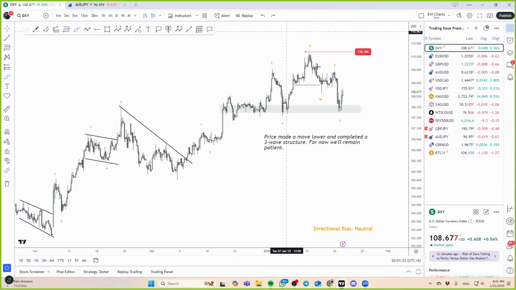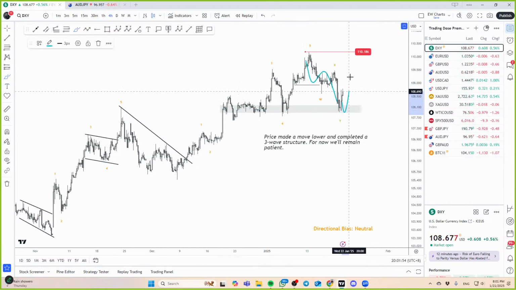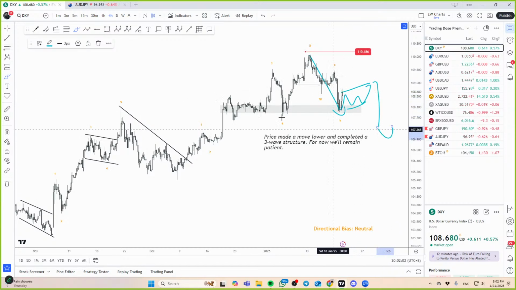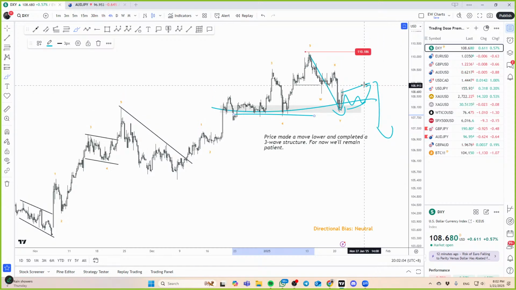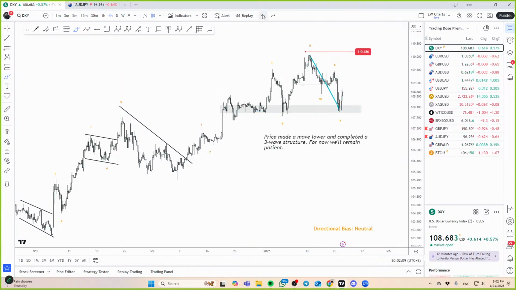Whether this is all it is and we're going to see more upside for the dollar, or this is just the start of the first wave, some consolidation follows, and then one more drop breaks up all the structure here.